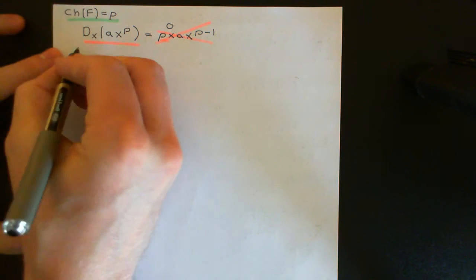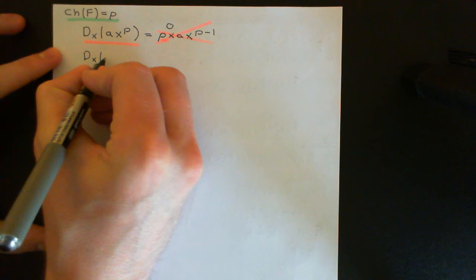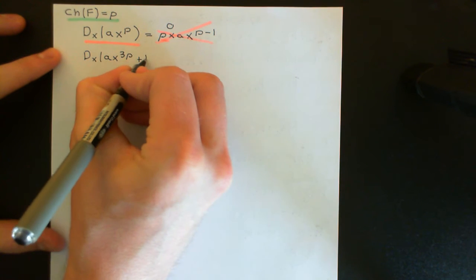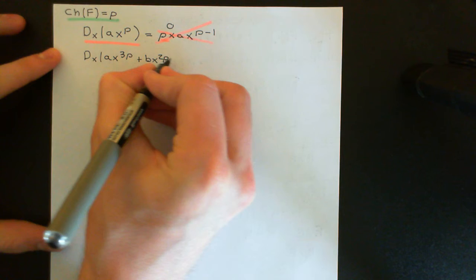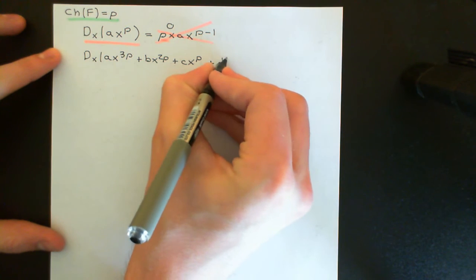Okay, to take this even further, let's say that we have the derivative of a x to the power of 3p plus b x to the power of 2p plus c x to the power of p plus, let's say, a constant term d.